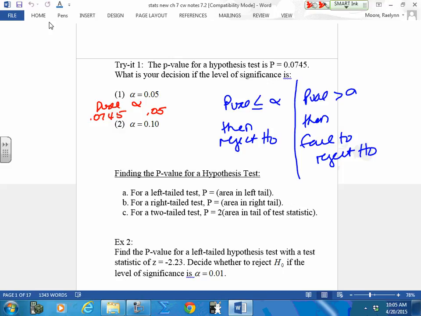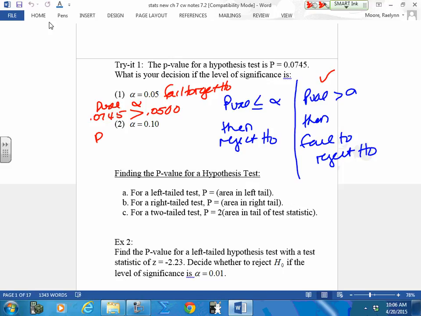Fill it with two zeros and drop the decimal place. Is 745 greater than, equal to, or less than 500? Greater than. So therefore, follow your chart. If it's greater than, our decision is fail to reject H0, the null.